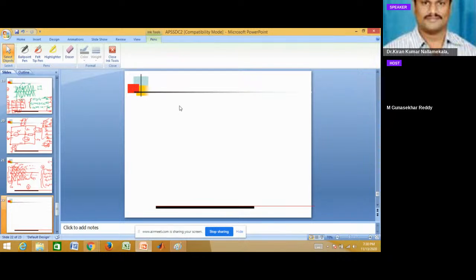Take a conventional two-level inverter. Here the load is connected. Here you have a switch, and here you have another switch. This is S1, this is S2.